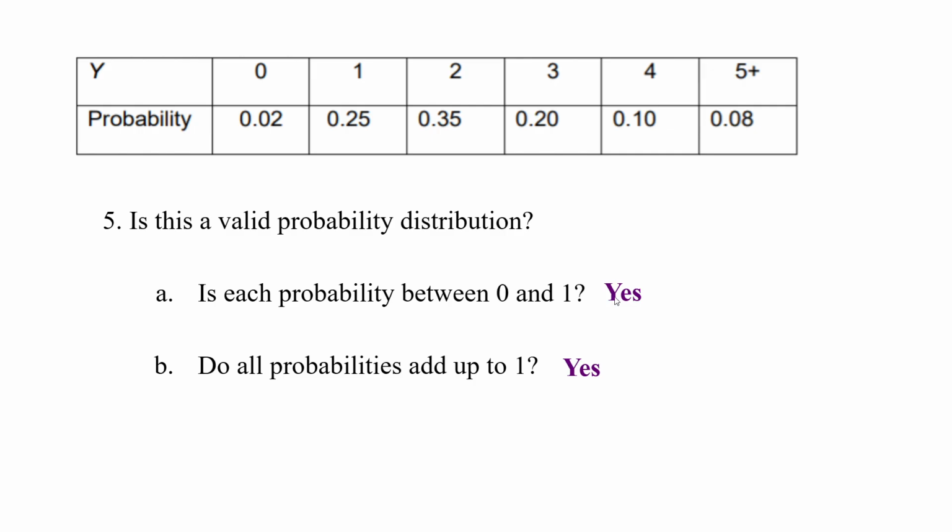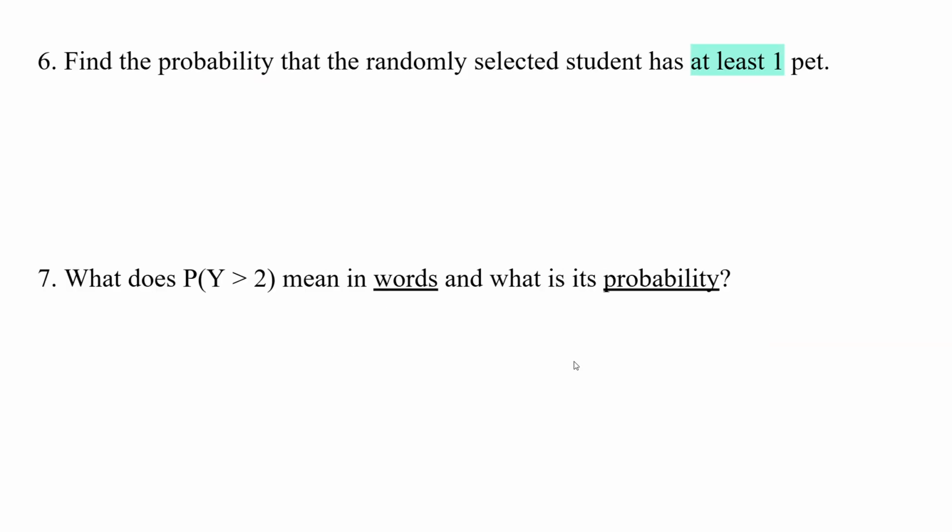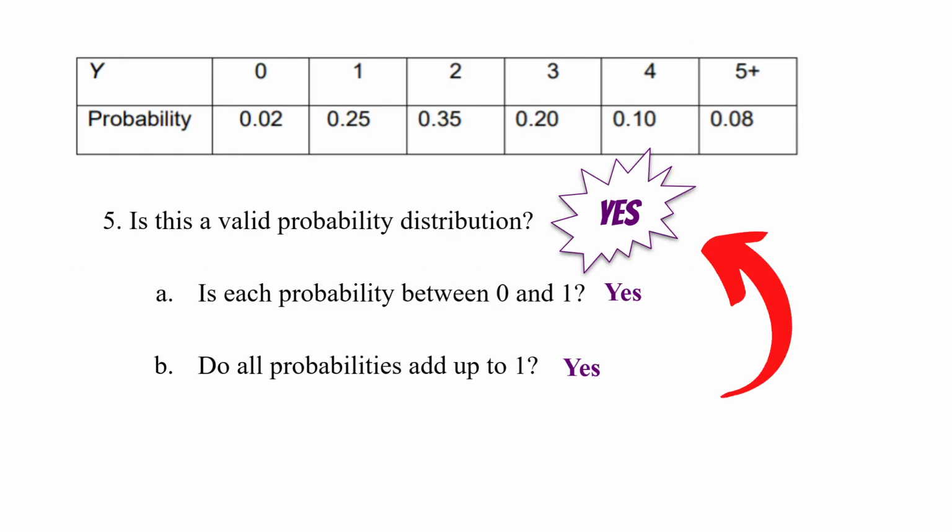All right, so since both of these are yes, then our probability distribution is valid. If one of these was no, this would be no. They both have to work for it to be valid. If one of them doesn't, it's no longer valid. And you had one like that on your progress check.